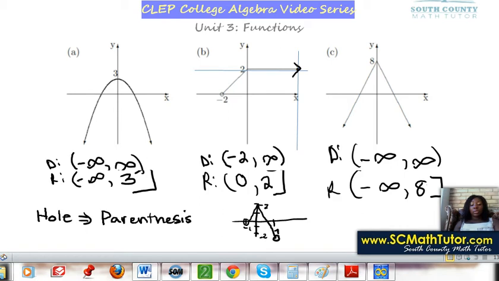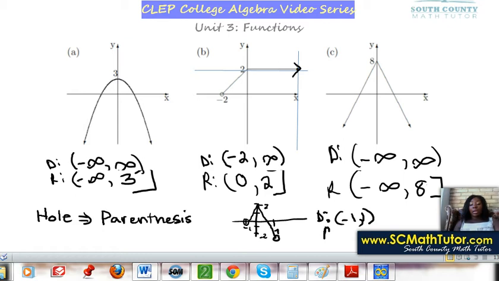For the domain, if you're going from side to side, the first thing you hit is negative 1 and it's not included, so it's a parenthesis. Then the next thing you hit is 1 and it's not included.